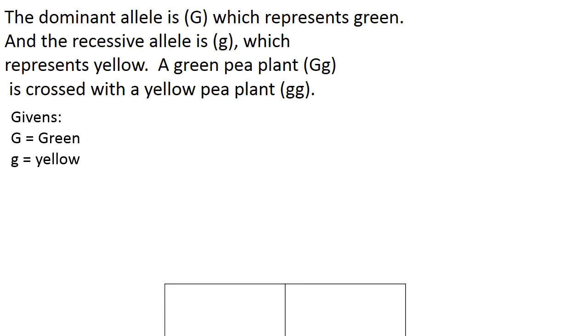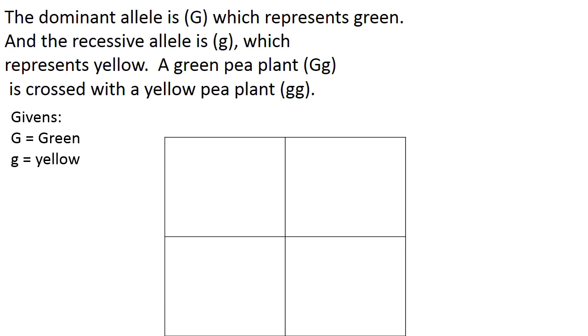So I provided a Punnett square, and first I'm going to locate the first genotype, which is the green pea plant, big G, little g. I'm going to put that at the top, and then I'm going to locate the second genotype, which is little g, and I'm going to put that on the left hand side.